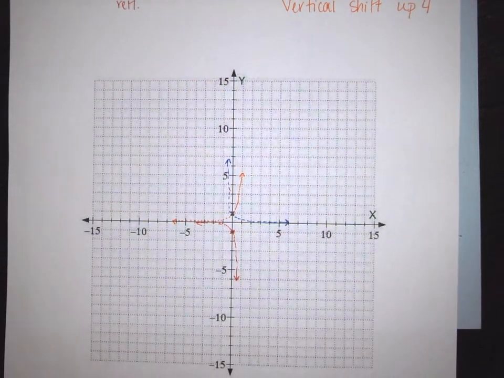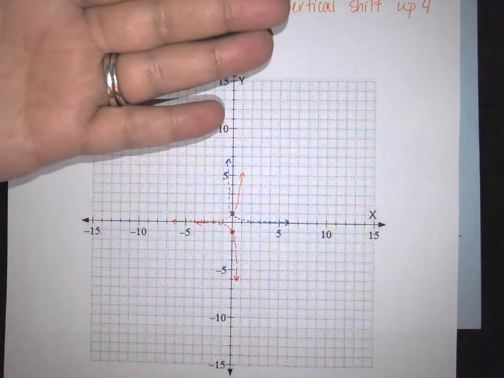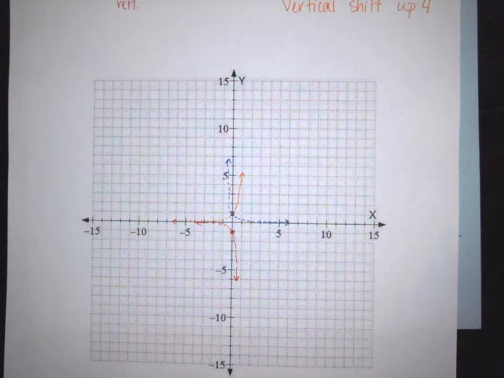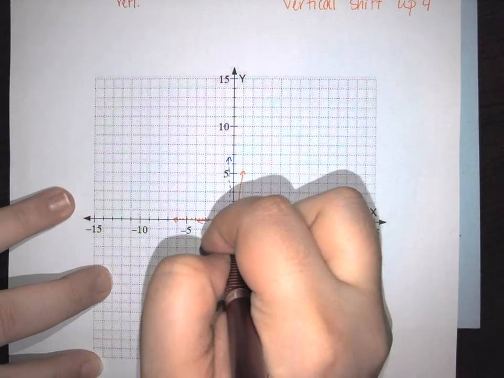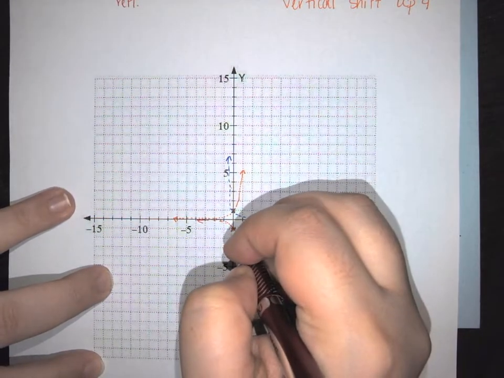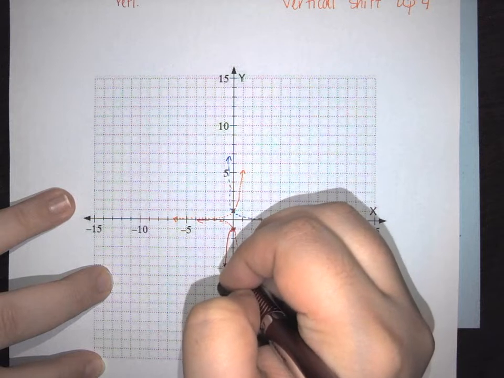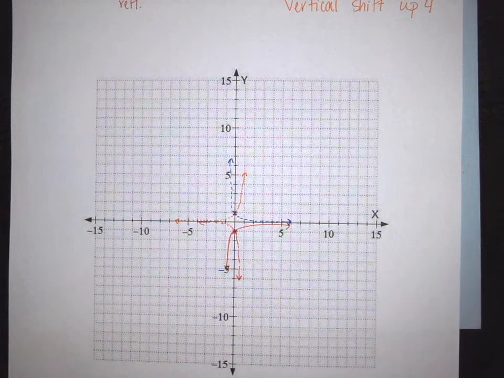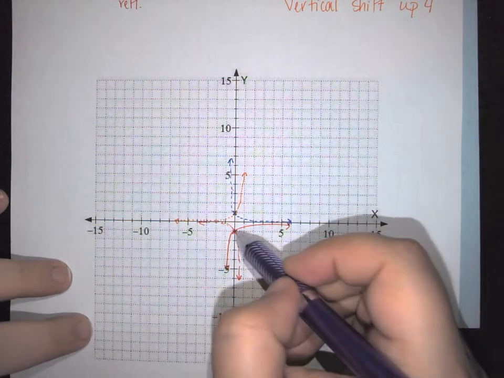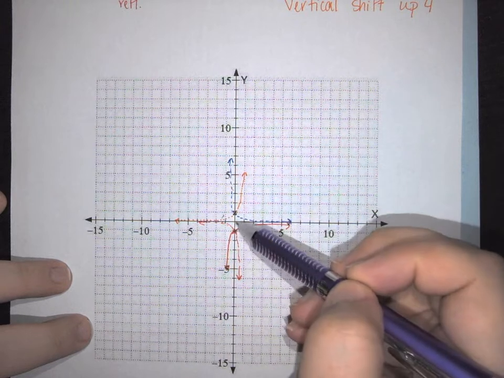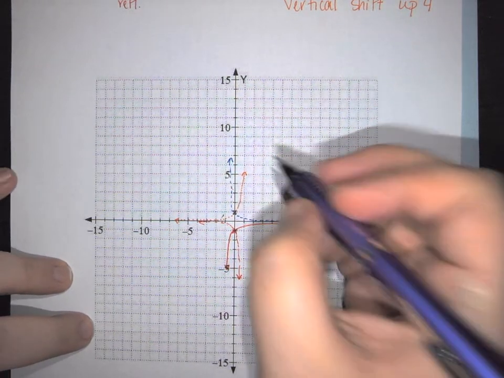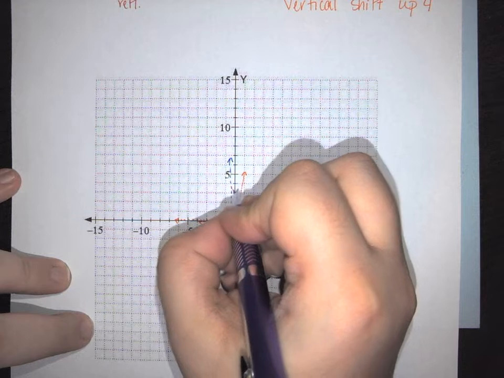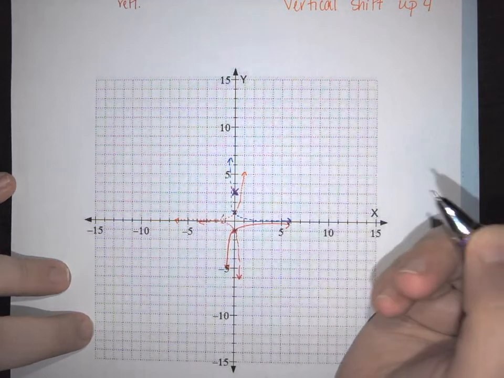That being said, we would then have our vertical reflection, which would come down, which again would say that we would come to here, only we would come in this direction and approach the axis like this. Okay. And so with that, we would then move it up 4. So from here we would go up 4. So 1, 2, 3, 4. So my actual point is going to start right here.